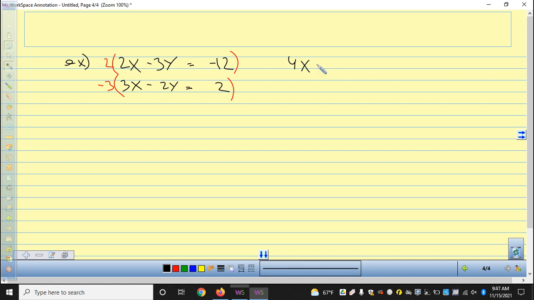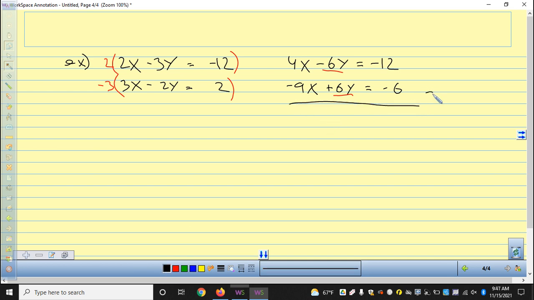I get 4x minus 6y equals negative 12. And here, negative 3 times 3 is negative 9x. Negative 3 times negative 2 is positive 6y. And negative 3 times 2 is negative 6. Now, these two are exactly the same, but with different signs, a positive and a negative. So we can add them together.